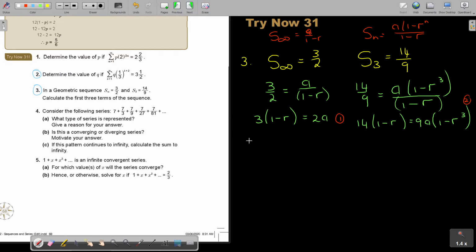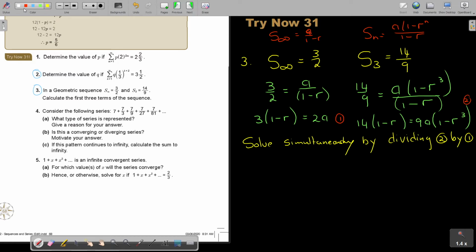So solve by dividing. Always start with the bigger one.